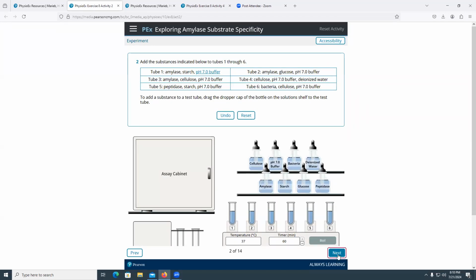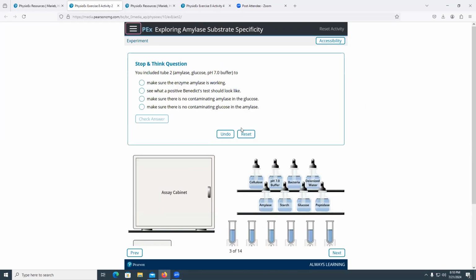Now, let's incubate. We gently mix everything evenly. So you included tube 2, that is amylase, glucose, pH 7. To do what? To make sure the enzyme amylase is working. To see a positive Benedict test. So that sounds like a positive Benedict test, because I cannot say there is no contaminating amylase, because I do have amylase in it.